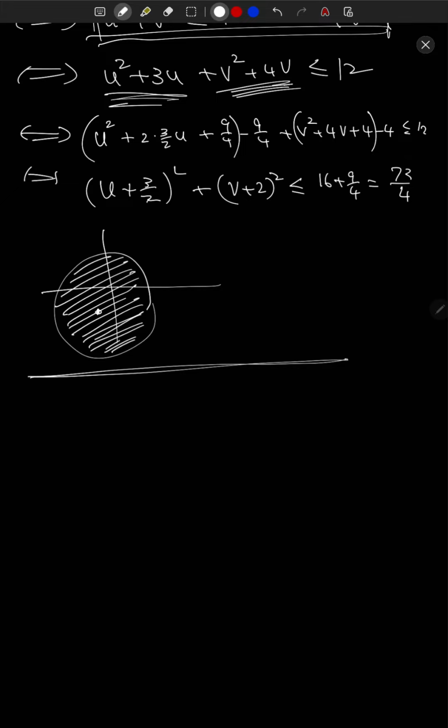In essence, we basically know how to work with graphs, or how to parameterize a graph. The most straightforward parameterization would be x of uv equals u, y of uv equals v, and z of uv equals your function, f of uv.